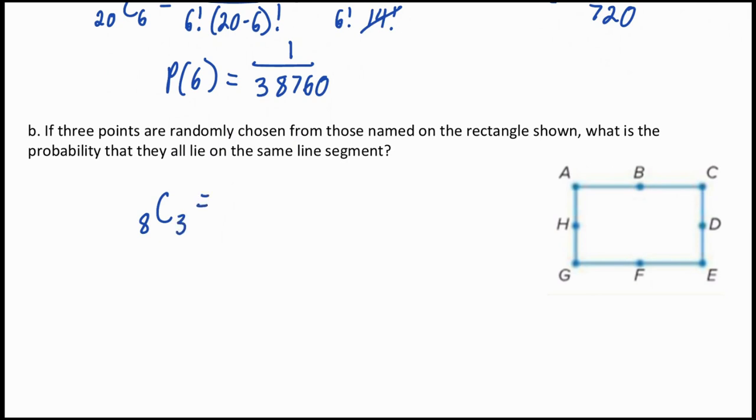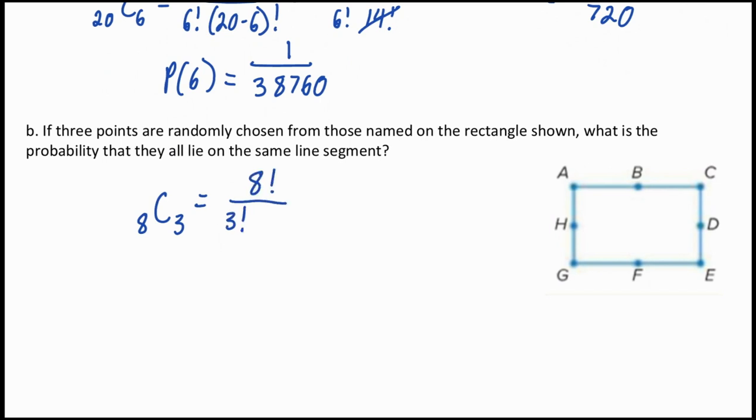So it's going to be 8 choose 3. So we'd set this up as 8 factorial over 3 factorial times (8 minus 3) factorial. 8 minus 3 is what? 5. So we do 8 times 7 times 6 times 5 factorial over 3 factorial times 5 factorial.